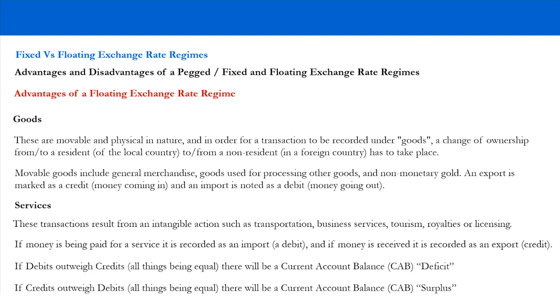If debits outweigh credits, so imports outweigh exports, there's going to be a deficit of payments. And vice versa. If credits outweigh debits, there will be a current account balance surplus.